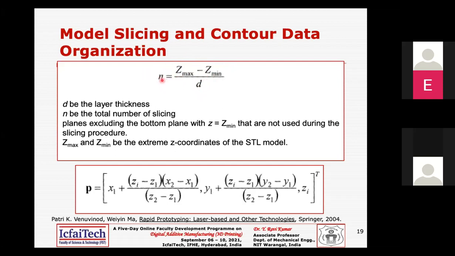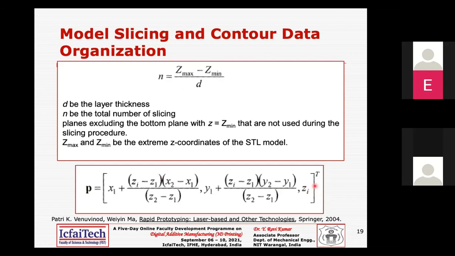Once you get the number of slices, how do you get the slice point coordinates? Say you have fixed a particular z height, a particular level of your model, starting right from z0, otherwise you start with the first layer, and then you increment by your layer thickness.